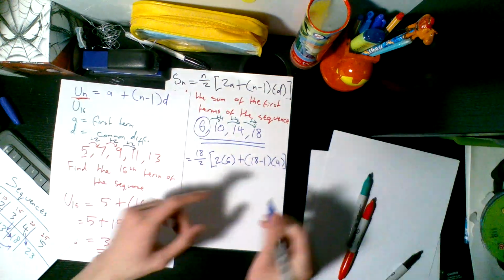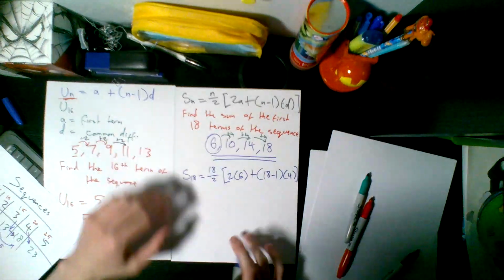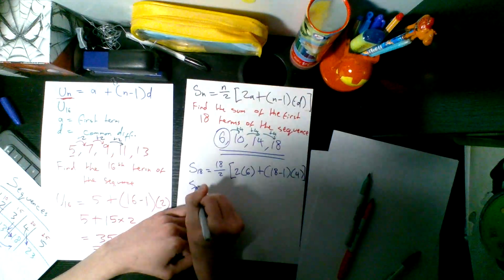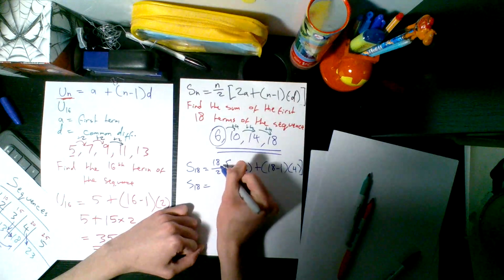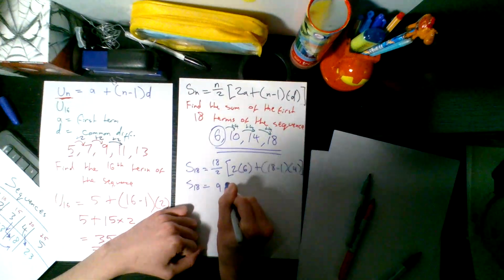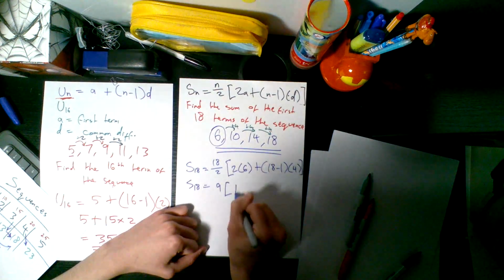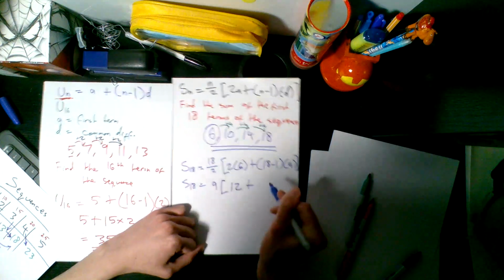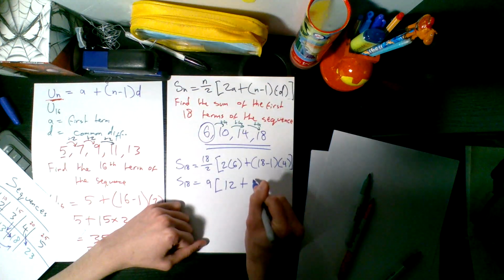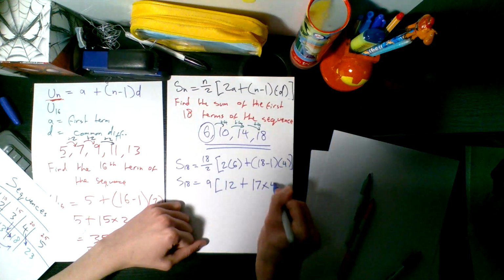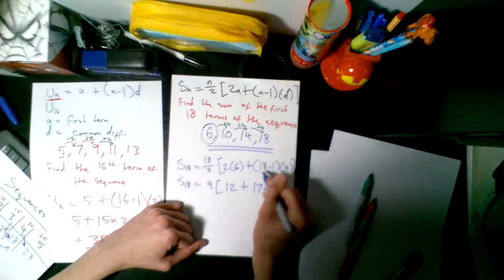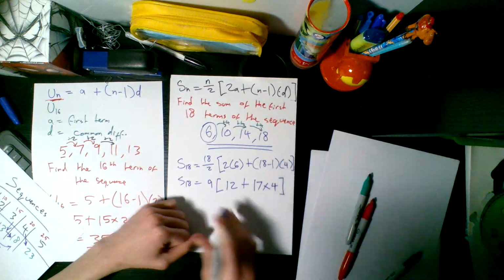Then you just put all of this in your calculator. So we say the sum of the first 18 terms is 18 divided by 2, 9, times 2 times 6, 12, plus 18 minus 1, 17, times 4. We simplified it.